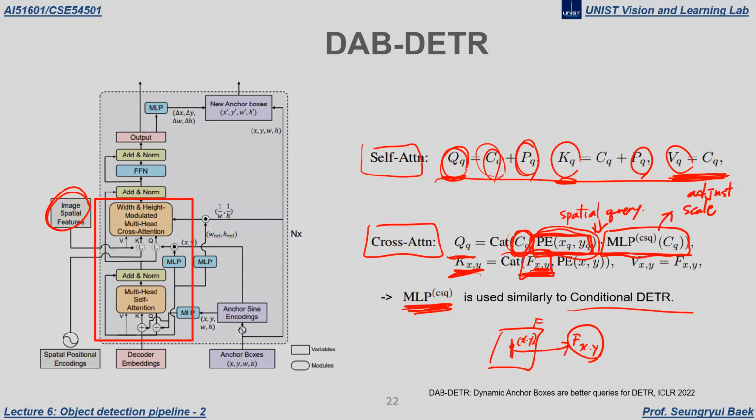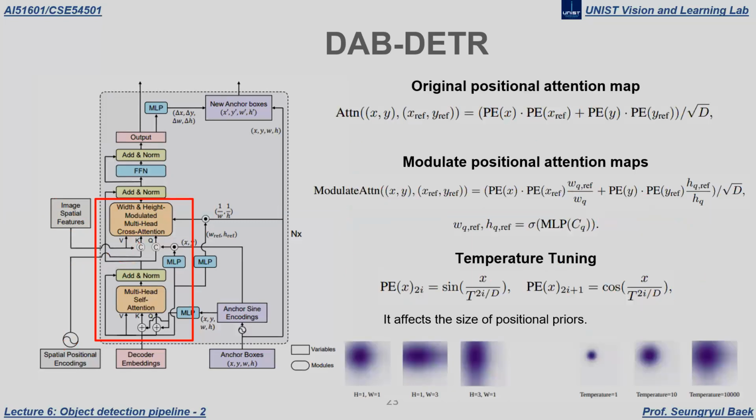This is the content feature, and positional encoding is applied for that X and Y. So this is the key from the encoder output, and the value is also this in the cross attention mechanism. These queries now have some spatial information. It is similar to conditional DTR, but this part is slightly different.